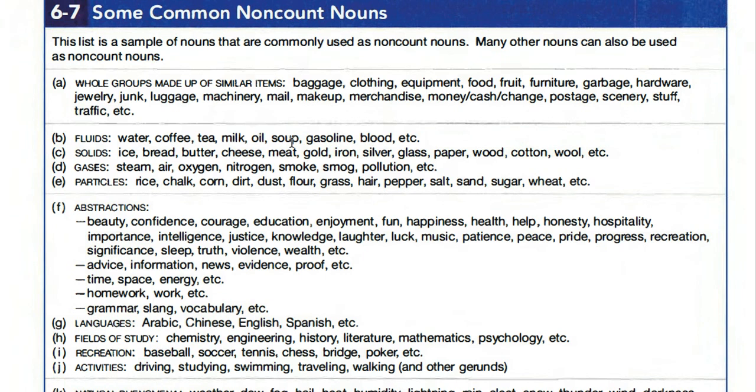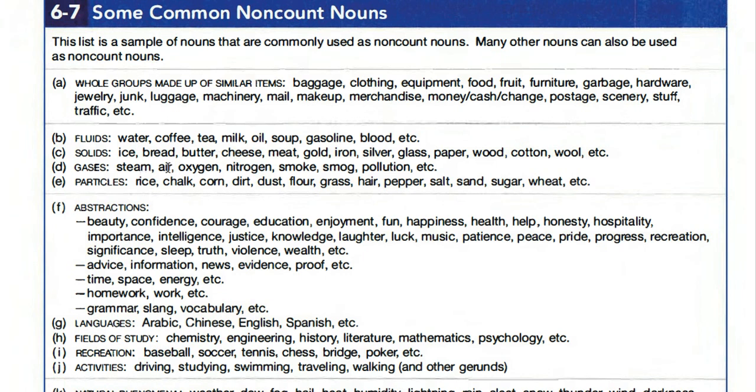If you look at the bread, you cannot count one bread. I mean the material inside the bread or the material inside the ice, but you can see a cube of ice in front of you. You can see a loaf of bread, you can see a slice of cheese. So that's how we deal with these words.